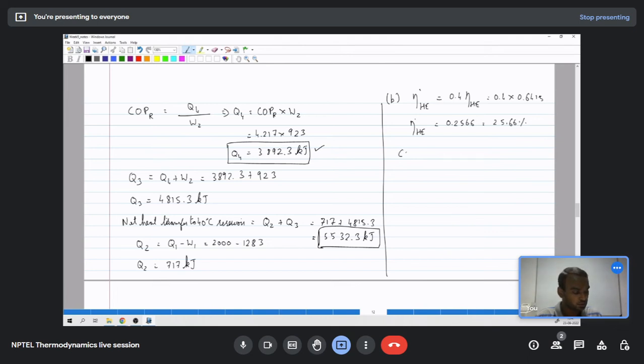Similarly, the new COP dash is 0.4 times the maximum possible COP, which is 0.4 into 4.217. So the new COP is 1.6868.